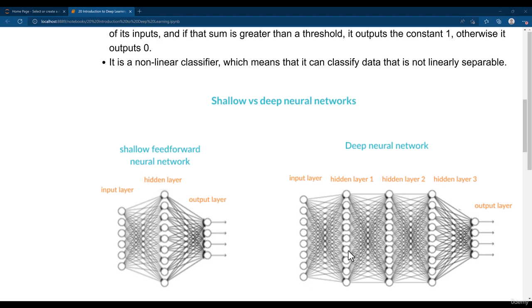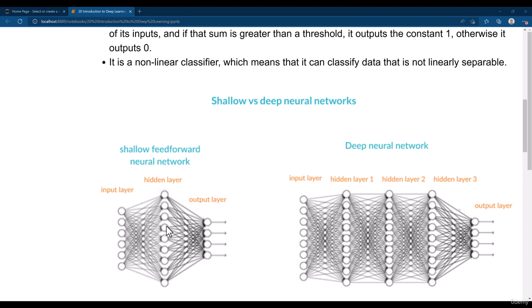So this type of network, whether you see here or here, when a neuron is connected with all the neurons before this layer and after this layer, this type of neural network is known as a fully connected neural network. Or you can say that these types of layers are also known as dense layers. So the dense layer is something which is fully connected or densely connected.